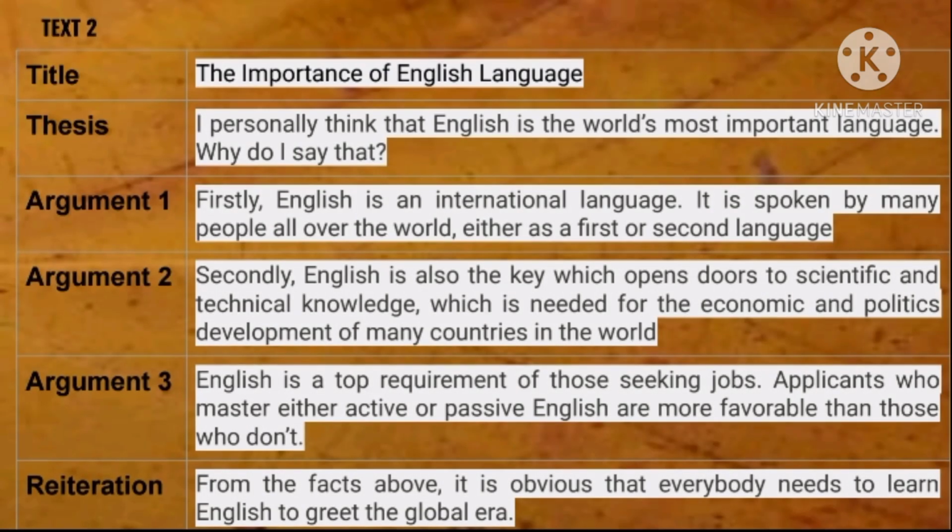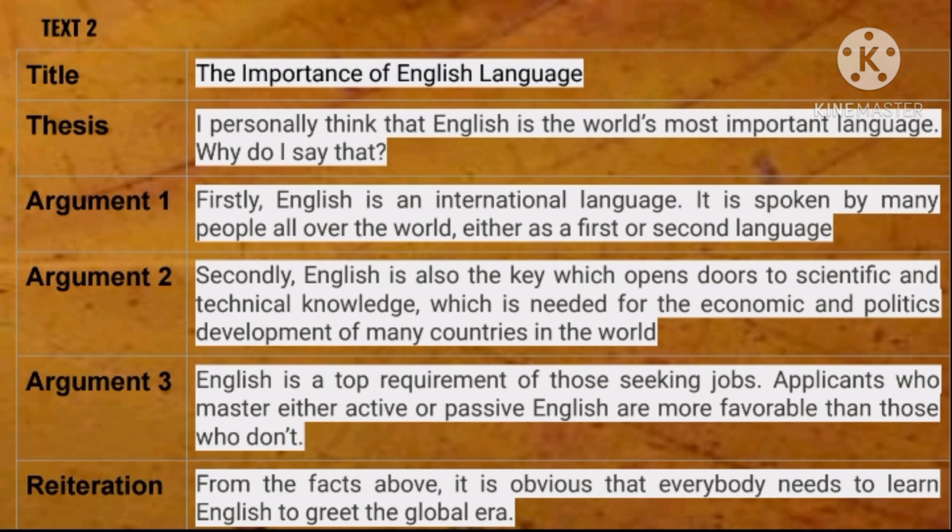For the next example, it deals with the importance of language as the title. In the first paragraph, as the thesis, the writer said that learning English is very important because of some reasons, right? For the second paragraph, the writer proposed her or his arguments.